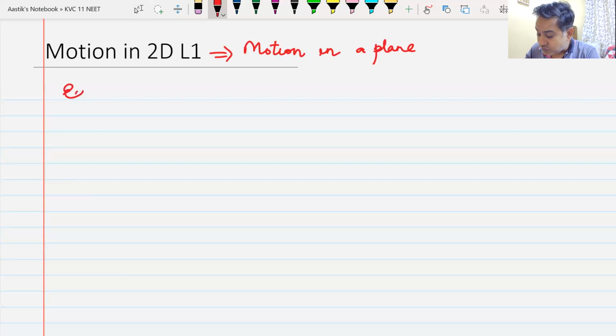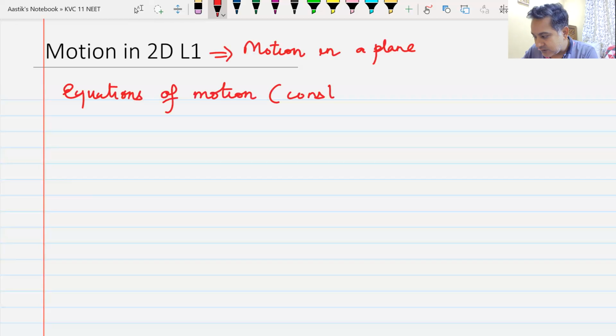And remember, in most cases, the equations of motion for 2D will be used when the acceleration is constant. Can you tell me the first equation of motion when the acceleration is constant?